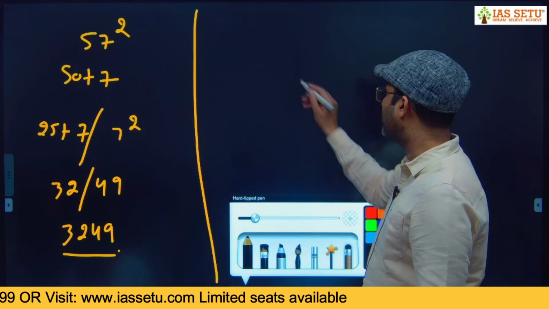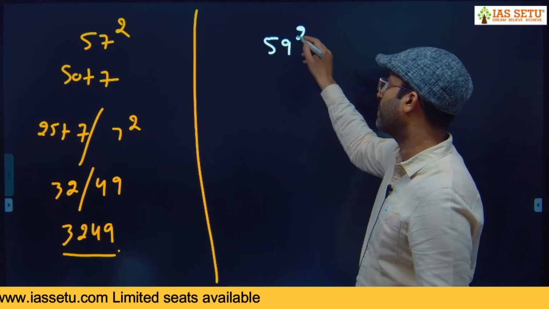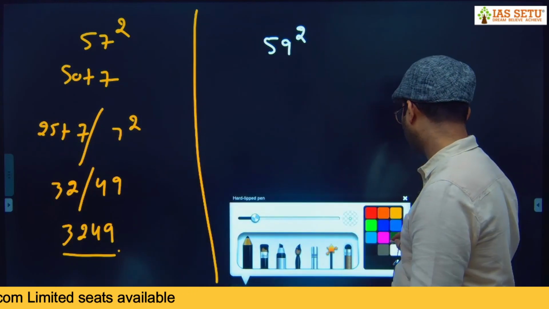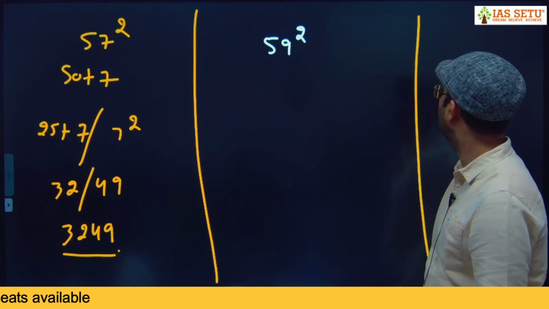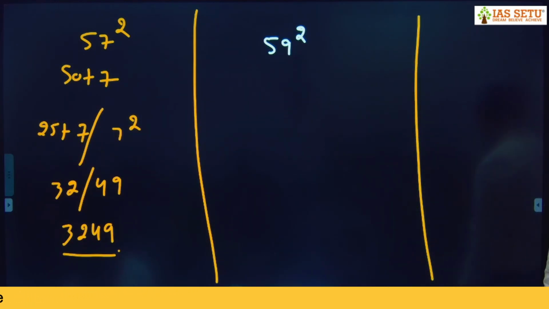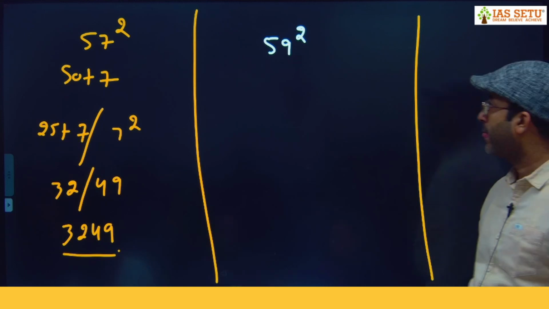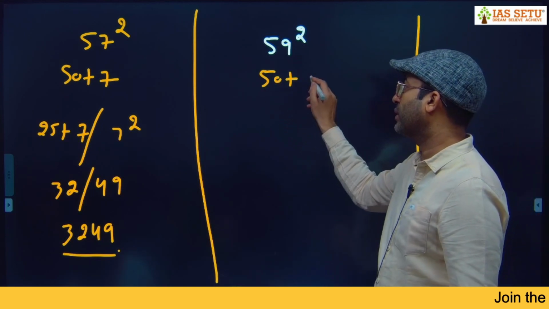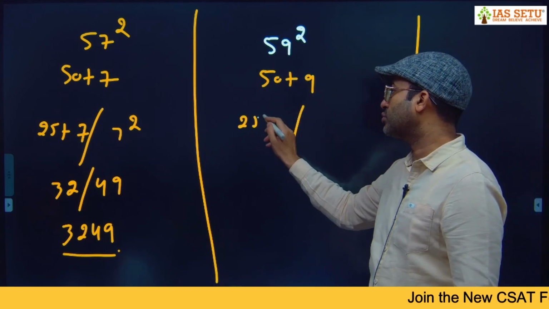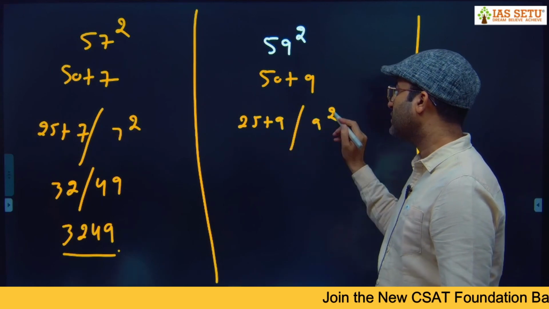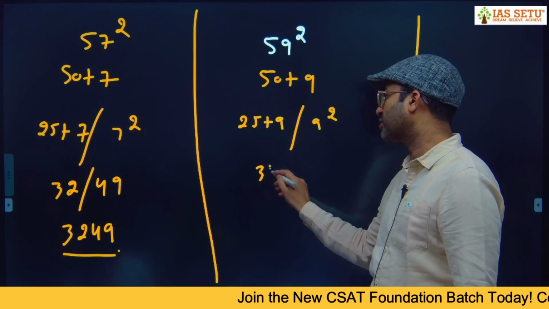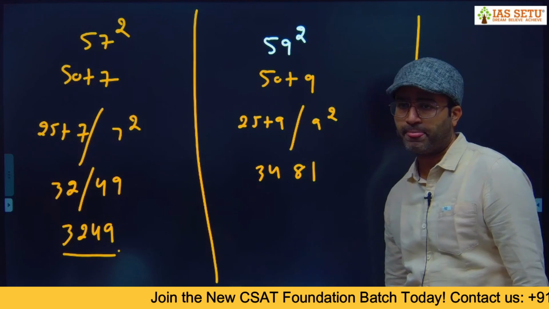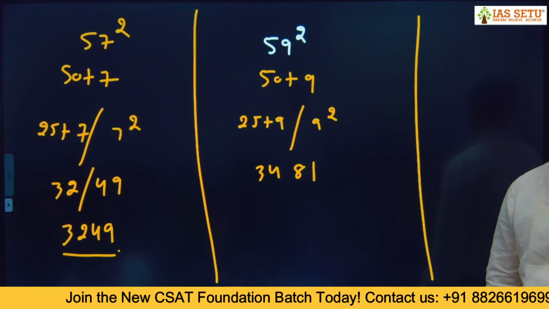Here 59 square you try. It is 50 plus 9. Left side value is 25 plus 9. Right side value is 9 square. So it is 3481. Because right side value is 81.